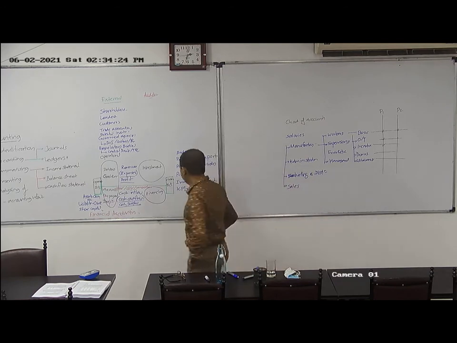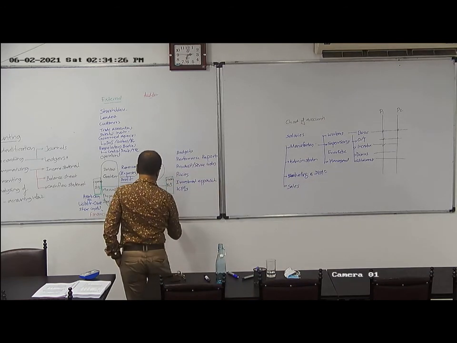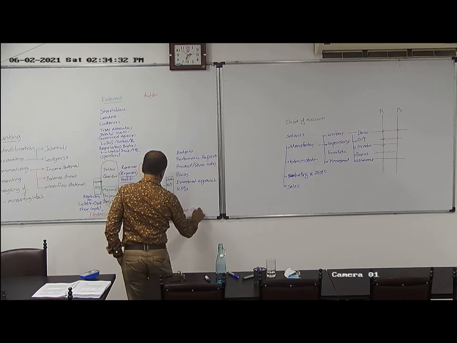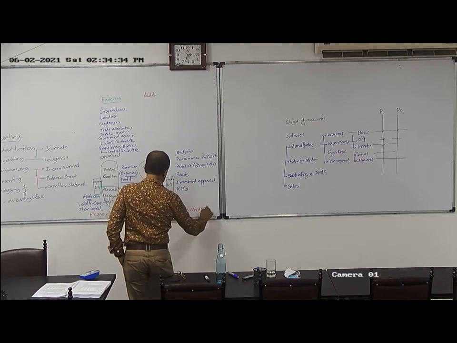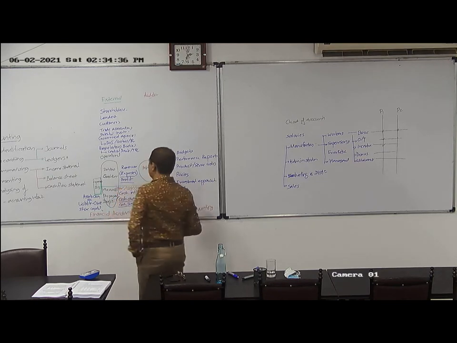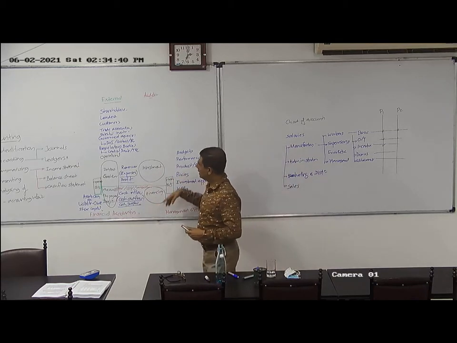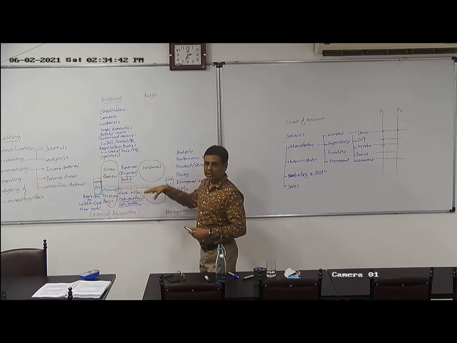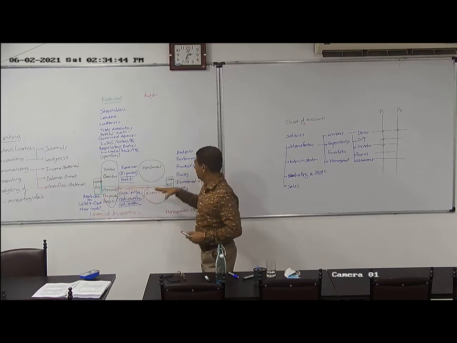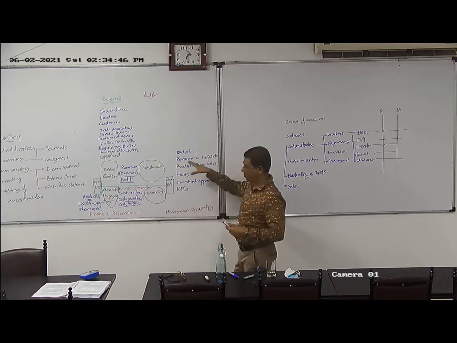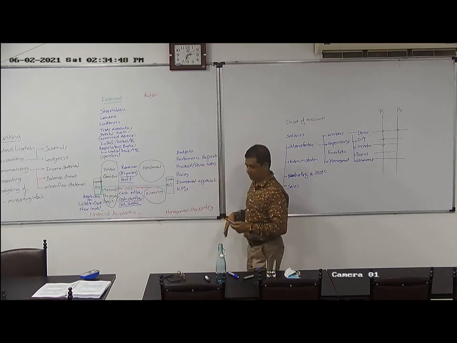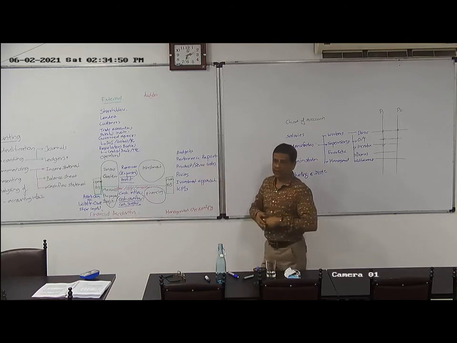We call them management accounting reports. This income statement, balance sheet, and the cash flow statement are our financial accounting reports, whereas all these other reports that we generate in the organization are management accounting reports.